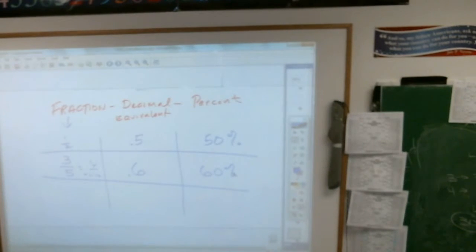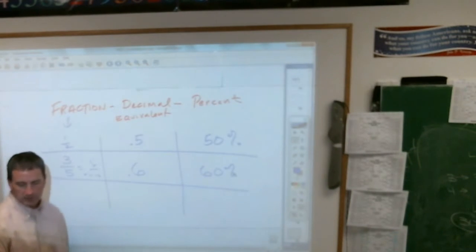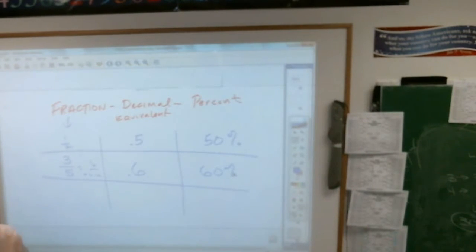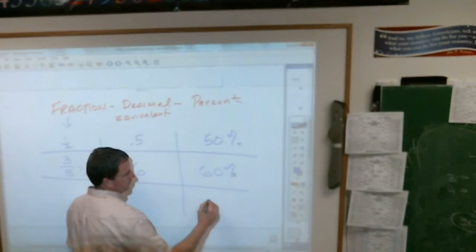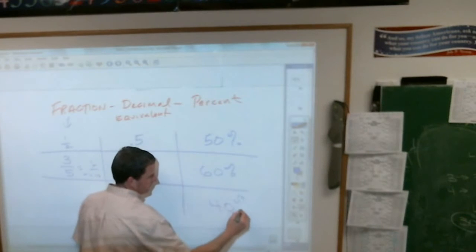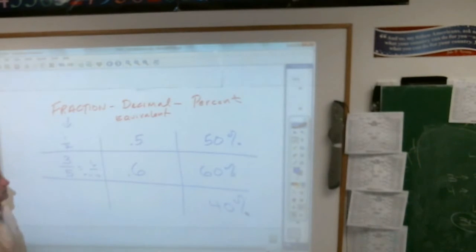How about 1/20th? Well, let's go to this. What about 40%? What if you're given the percent and you need to work your way back to the decimal or the fraction? Which one would you go to, Brianna? To the decimal. Which is what? 40%.